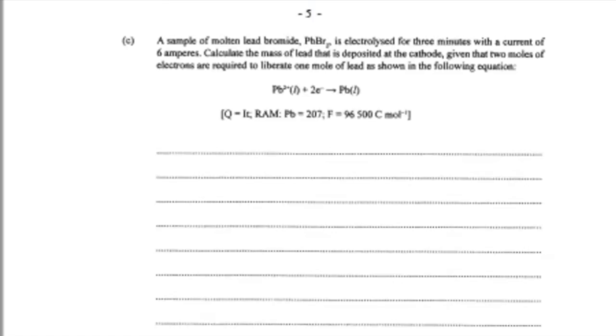So we have the equation: Pb 2+, which is a liquid, plus 2 moles of electrons produce 1 mole of lead.